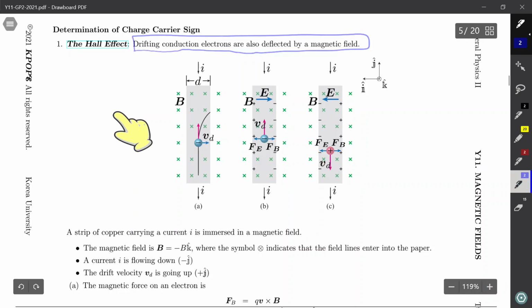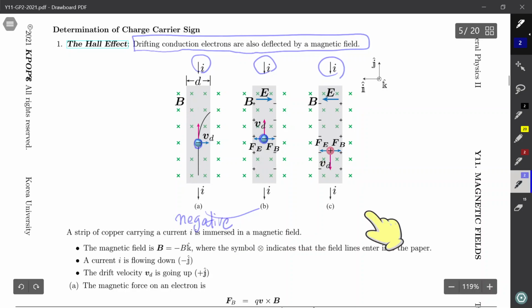First, we consider the negative charge carrier. And here, the positive charge carrier.